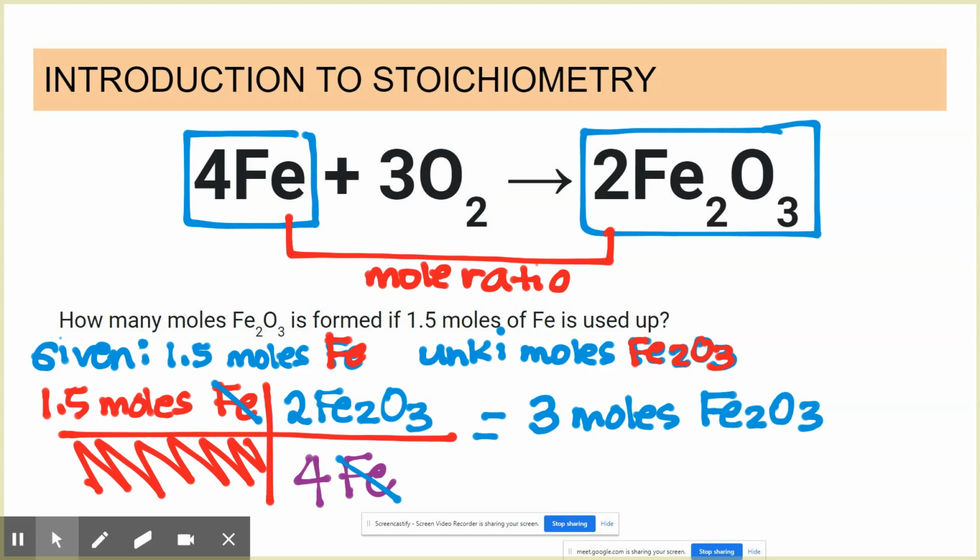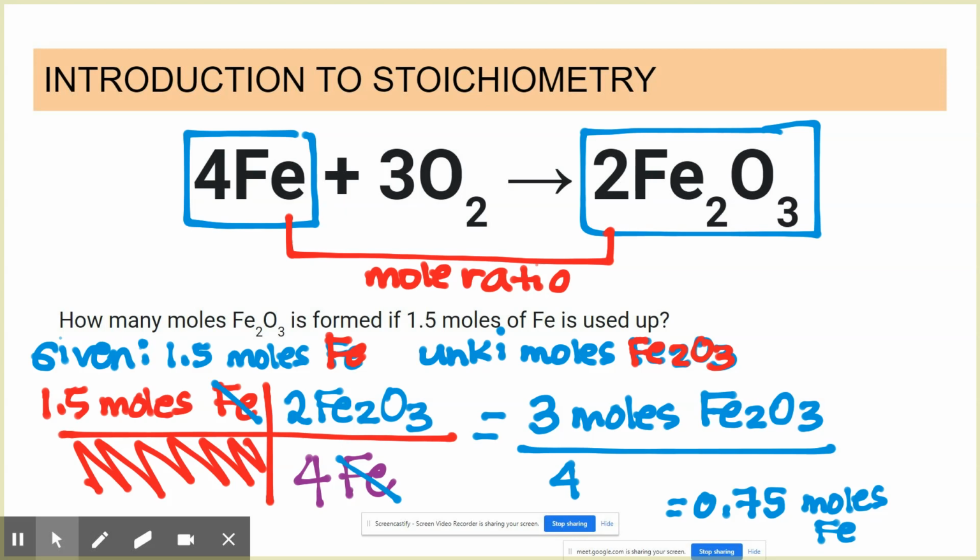Fe2O3 over, and do everything at the bottom, but there's only one number at the bottom. It's just 4. Okay. See it? So get a calculator. 3 divided by 4 is simply what? 0.75. All right. And then the unit will be moles Fe2O3. And that's how you do this thing. You see it?